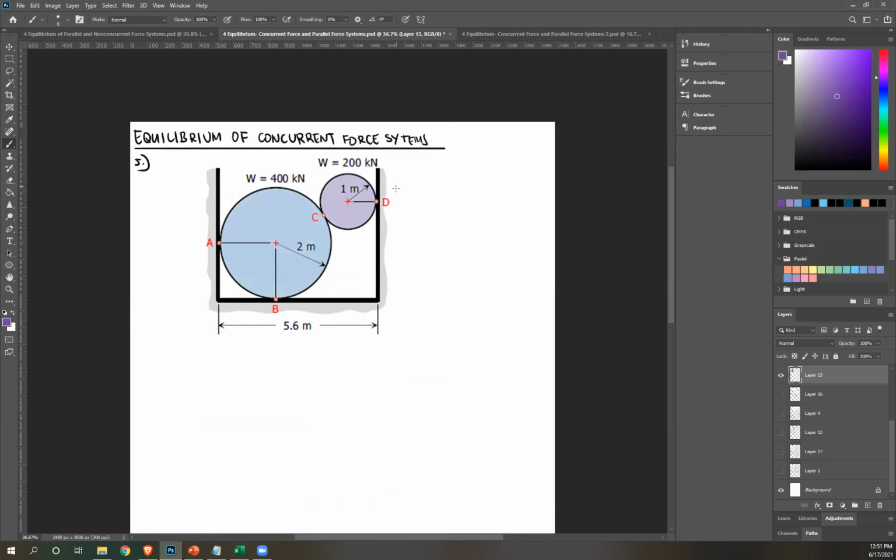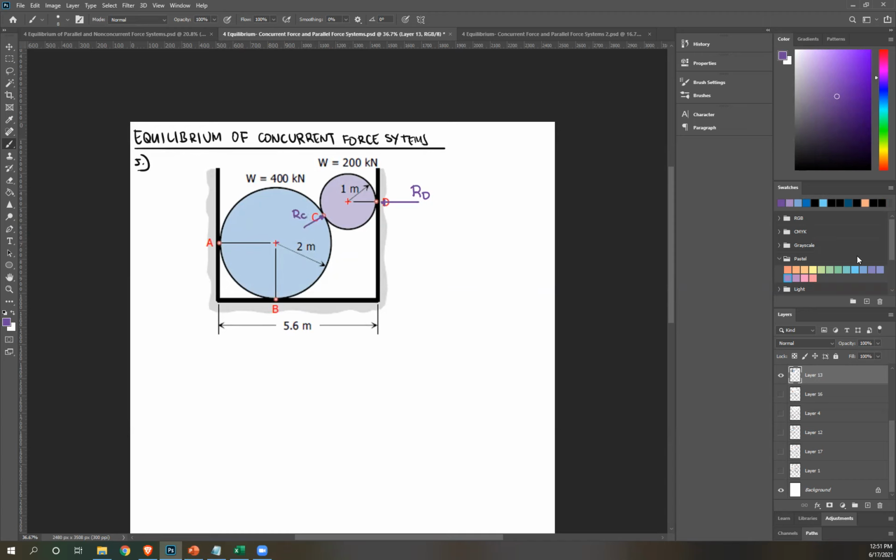This cylinder and this surface are in contact, so there's gonna be a perpendicular reaction there. Okay, let's call that RD. Next, these two are also in contact. Remember, the reaction is always towards the object. And this is your RC.